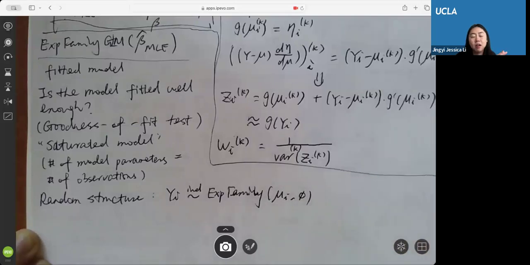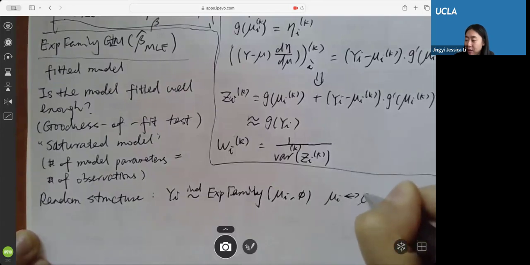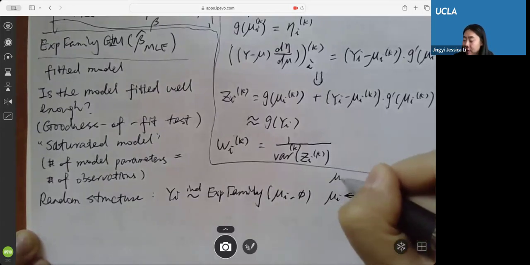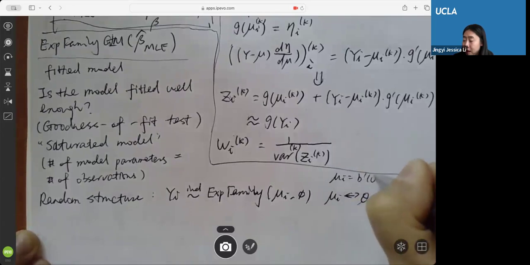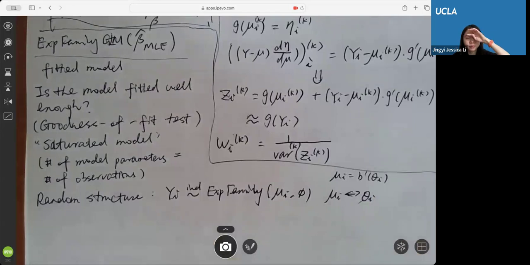Please note that in our old way of writing the model, we used theta_i. There is a one-to-one relationship between mu_i and theta_i: mu_i is b prime of theta_i, depending on what the b function is. That's the random structure.